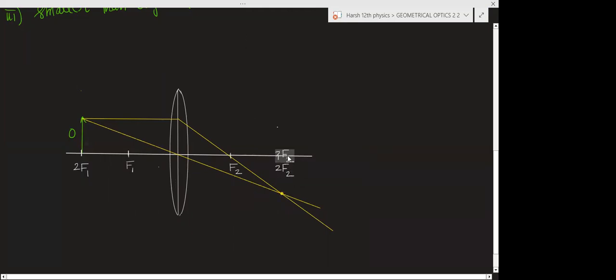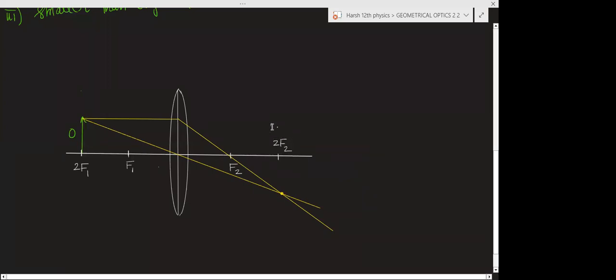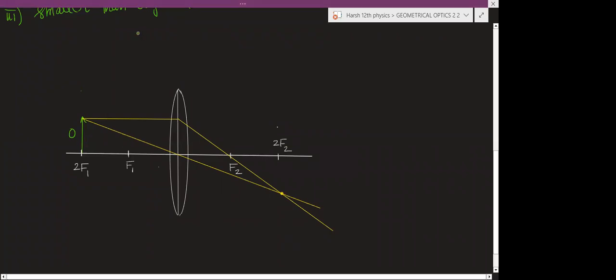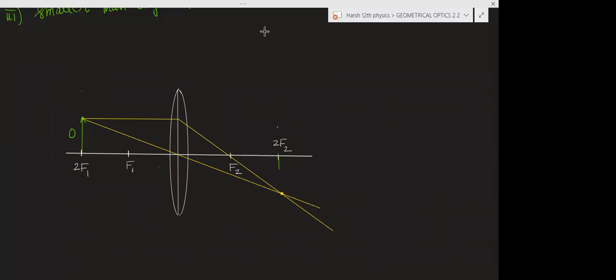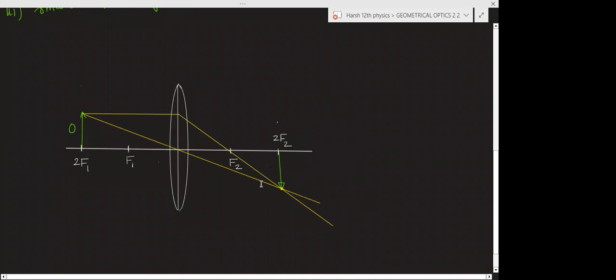Where is the image forming this time? At 2f2. It is real and inverted. And what can you say about the size this time? It's the same.